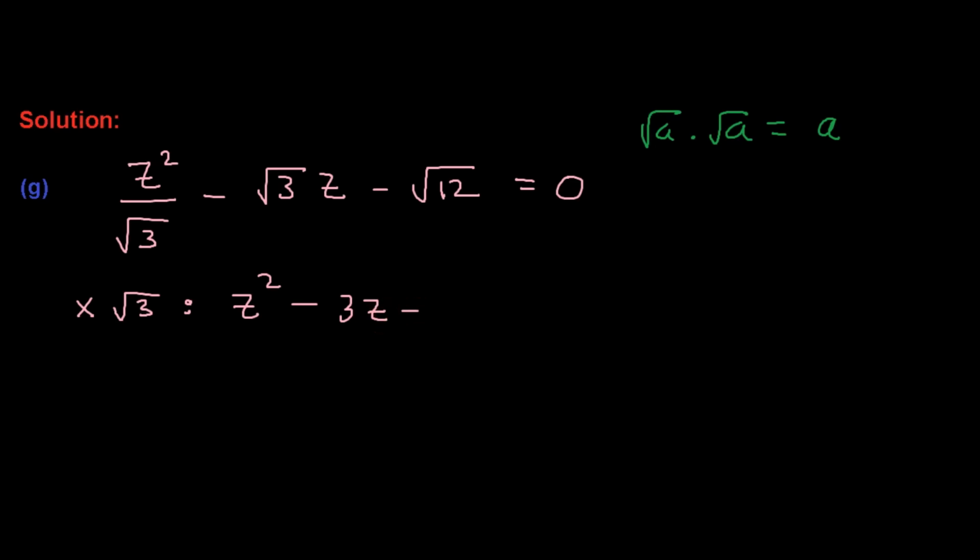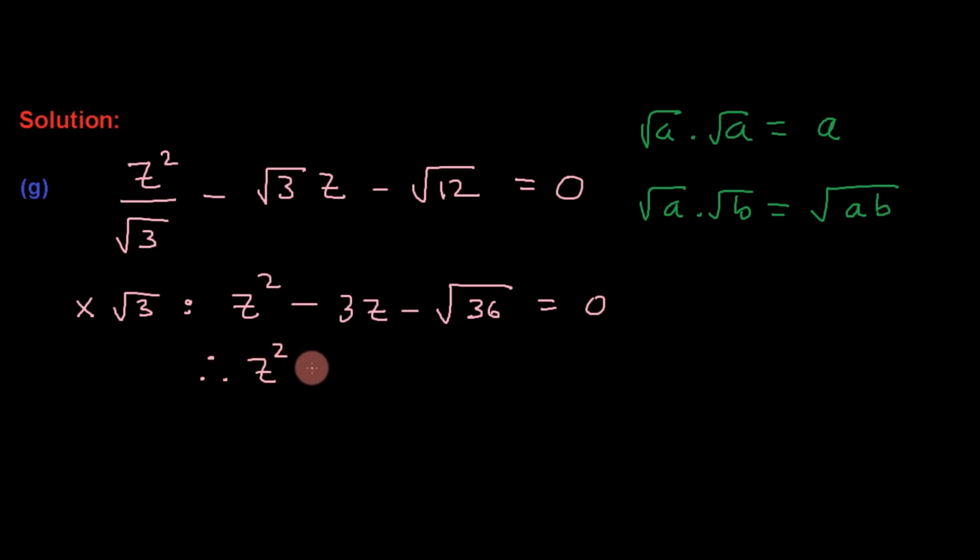Then we're also going to use this law of surds, that the square root of a times the square root of b equals the square root of a times b. So then the square root of 12 times the square root of 3 equals the square root of 3 times 12, in other words, the square root of 36, using this law. And of course, this simplifies to z squared minus 3z minus 6.